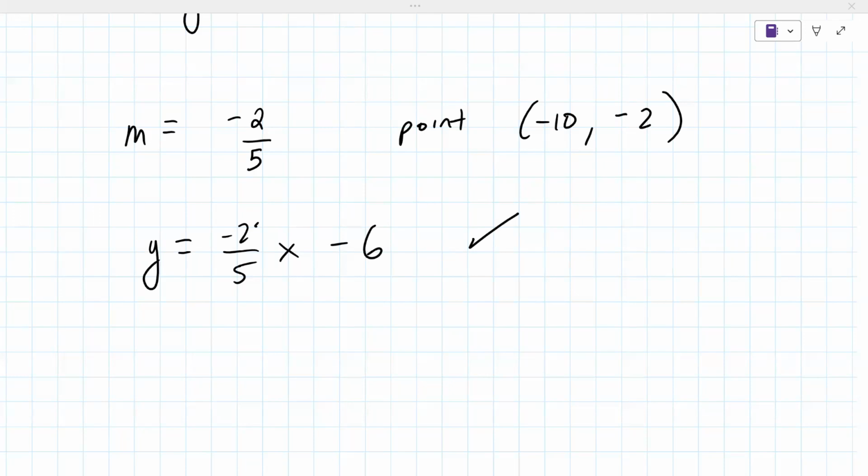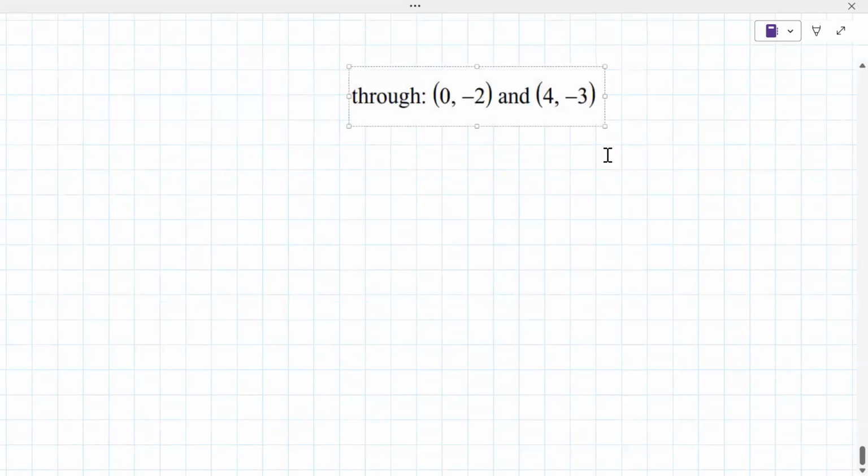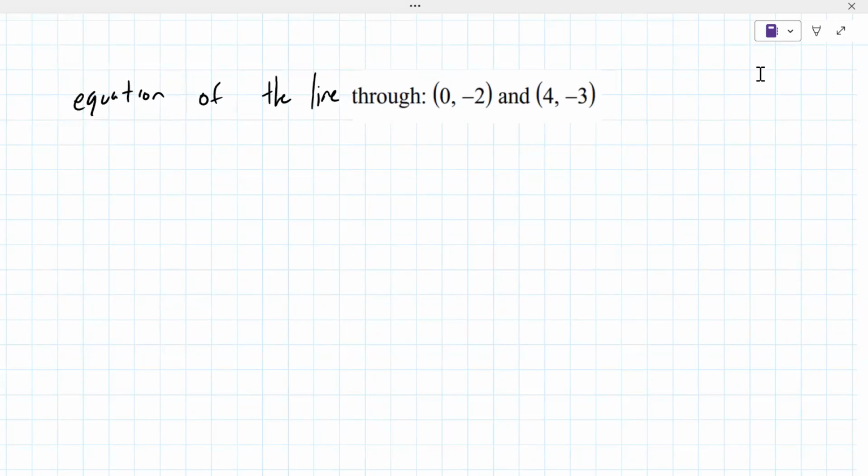So we're going to go back a tiny bit here. The next style of problem is that they want you to write the equation of the line, but they don't give you the slope. They give you 2 points. So what can you do with 2 points?